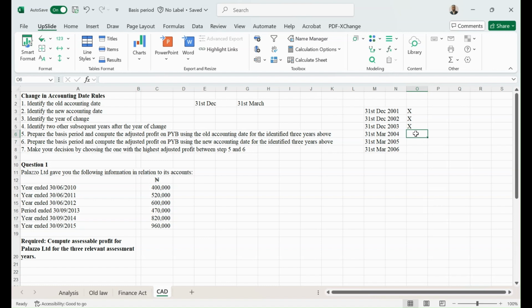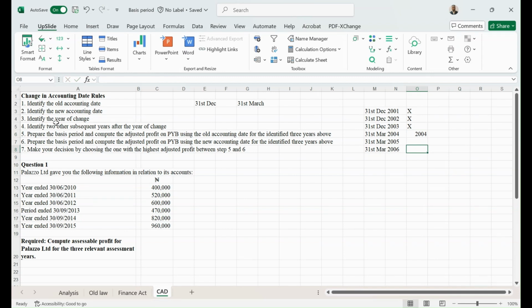If the answer is no, then our year of change is 2004, the year the company has failed to continue using the old accounting date.